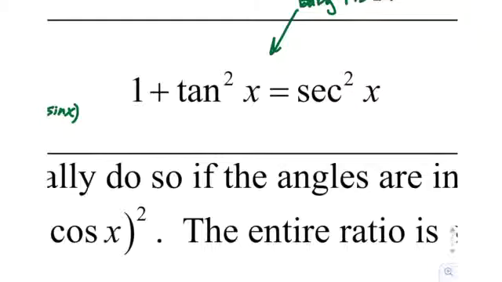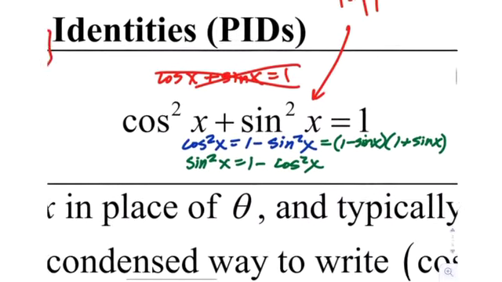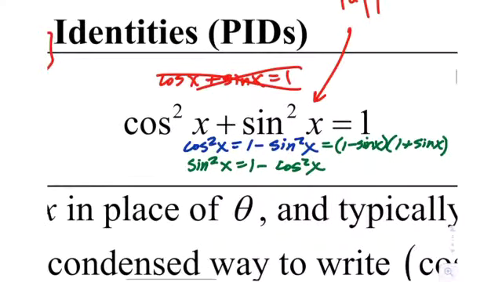So notice it's 1 plus tangent squared, again, squared, equaling secant squared. So not only memorize this, but realize that by this identity, you can relate tangent squared to secant squared and vice versa. Just like over here, you can relate cosine squared to sine squared and vice versa.